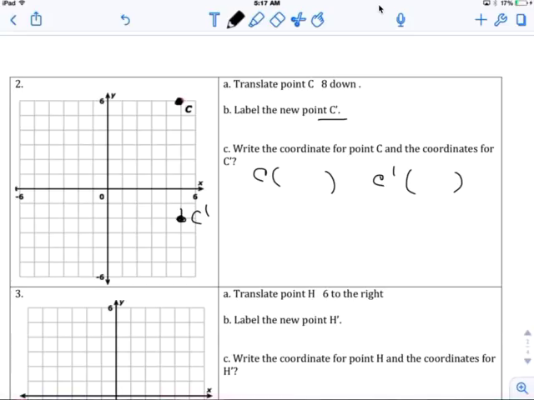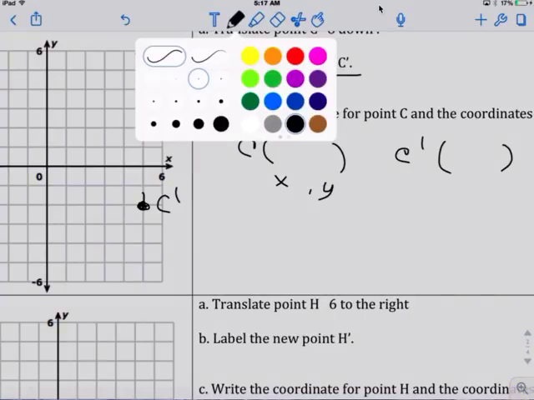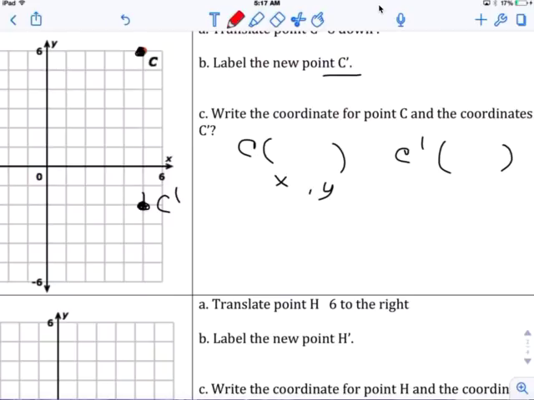Plenty of room, guys. Okay, remember, it's X first, then Y, called an ordered pair, X, Y. So X comes first, so you look for the X. Go to that spot right here. Notice that number is 0, 1, 2, 3, 4, 5. That's 5, and go up to number 6 right there.